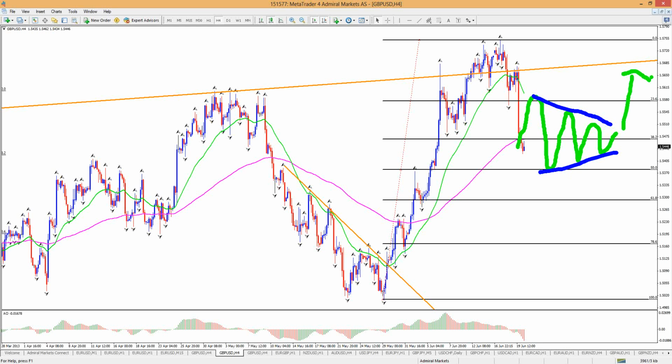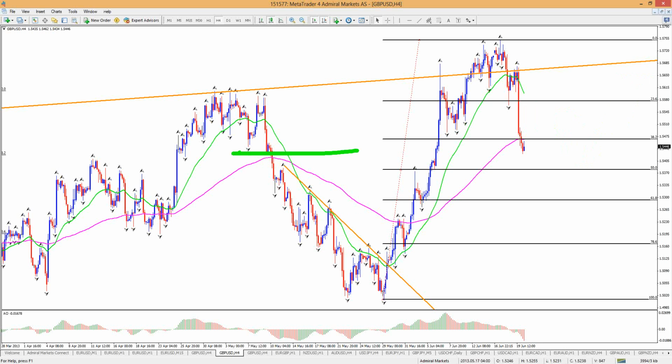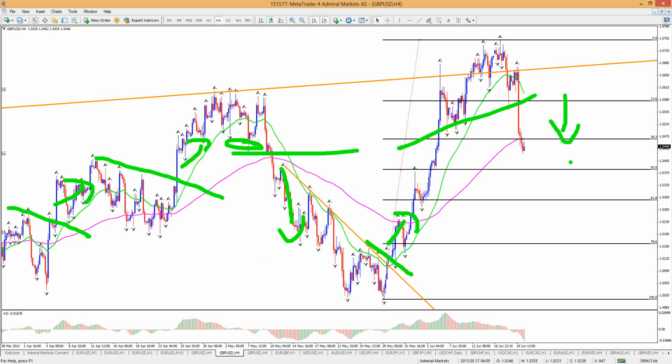But here too, not interested really in trading it at the moment. All right, I'm interested in trading from here under this fractal downwards or above there, above here, above here, below here, but with caution at fibs.